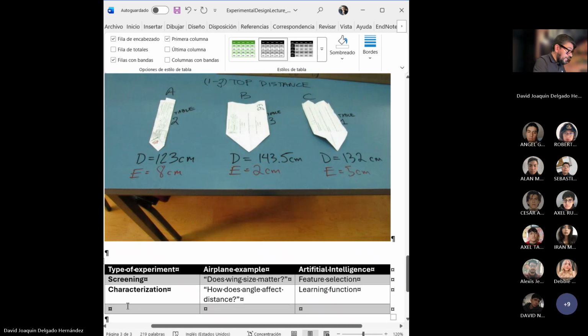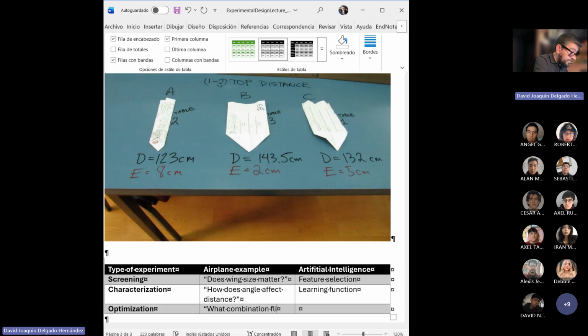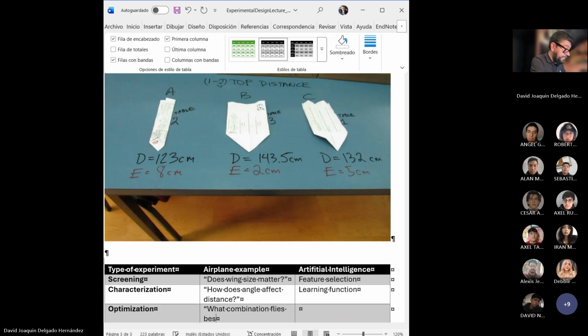Okay. And when I am in the optimization, the question would be, what combination flies best in the airplane example, okay?